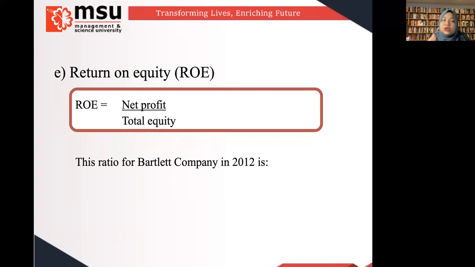So shareholders need to know how much is the amount for them as part of investment. So they can look at their earning through return on equity. So how to calculate return on equity? It is net profit divided by total equity.